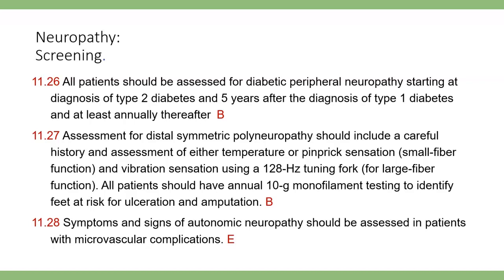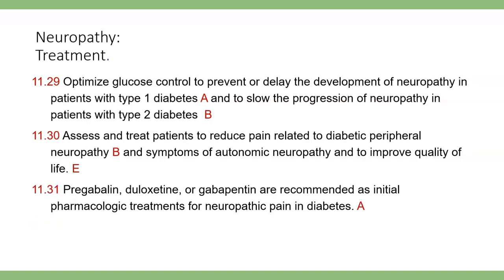So there's also gastroparesis. So again, optimal glucose control. These people need to change their lifestyle. And I think a lot of it comes down to the way that they're eating and taking care of themselves outside the doctor's office. As far as treatment, there's Lyrica, which is the pregabalin, duloxetine is Cymbalta, or gabapentin.